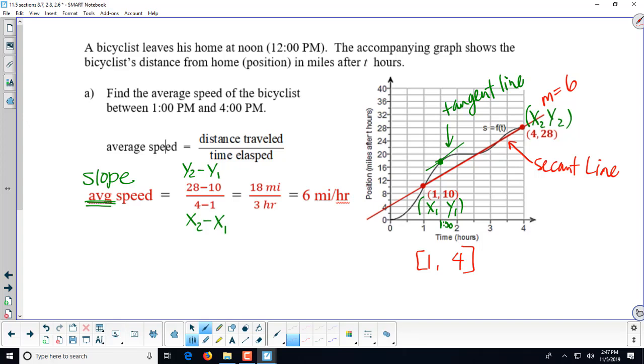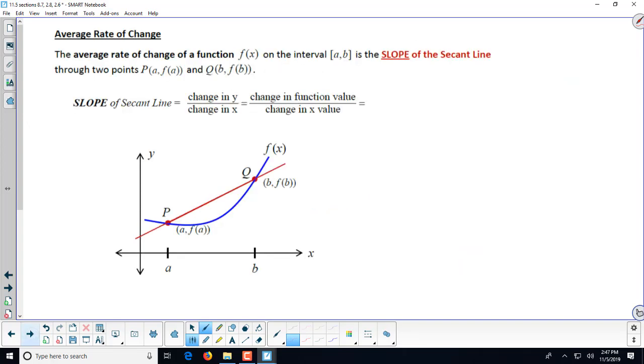Okay? So, the big point here is that the average rate of change of a function on an interval is the slope of the secant line through those 2 points, meaning the points that occur at the beginning and the end of the interval, right?